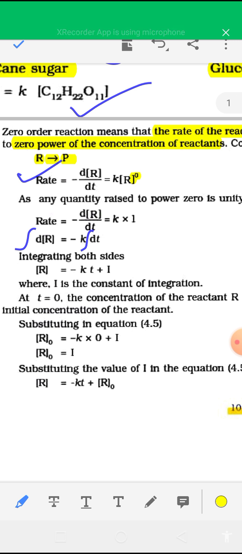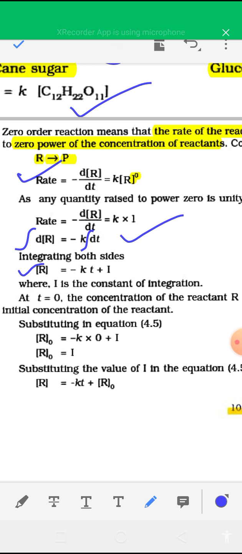Now, on integrating this equation, we get [R], the concentration of reactant, equal to minus kt plus I, where I is the integration constant. I know that you have already done integration in class 11, so this is simple mathematics.